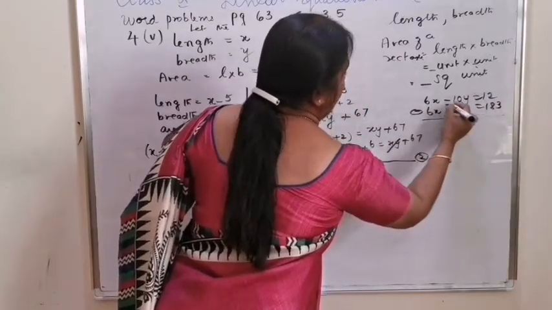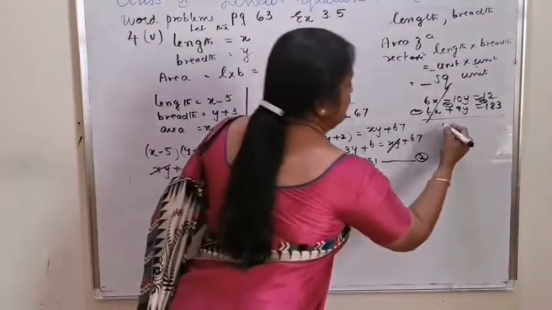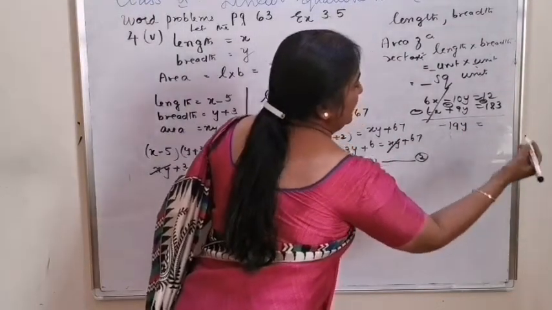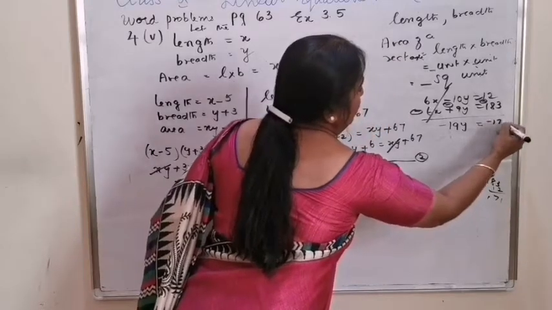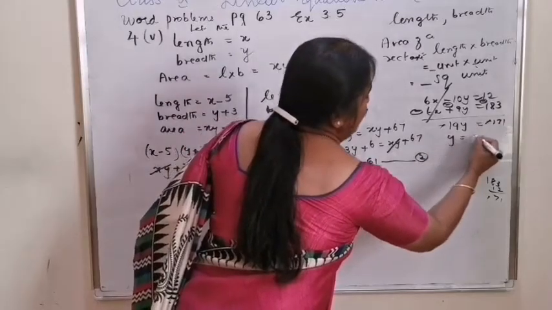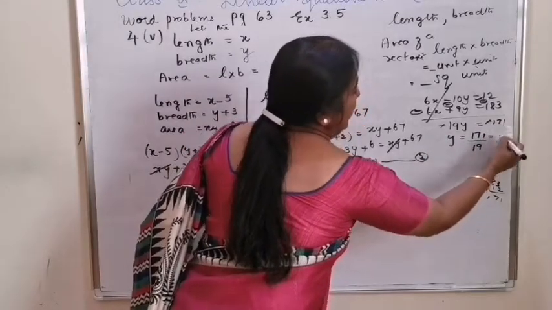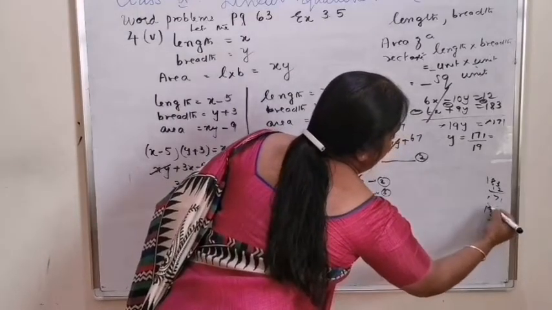If you subtract the equations, minus 19y is equal to 12 minus 183, which is minus 171. So y is equal to 171 divided by 19. 19 into 9 is 171.